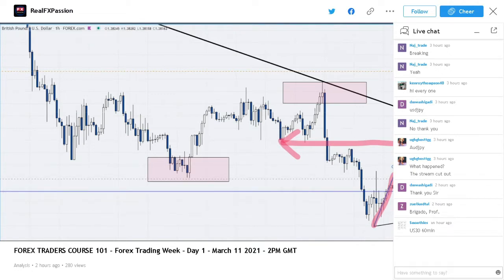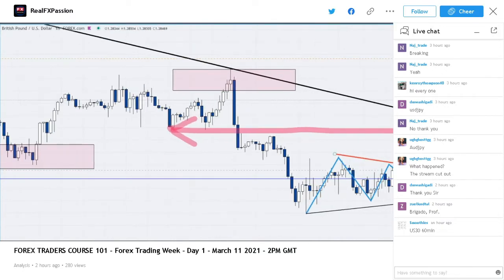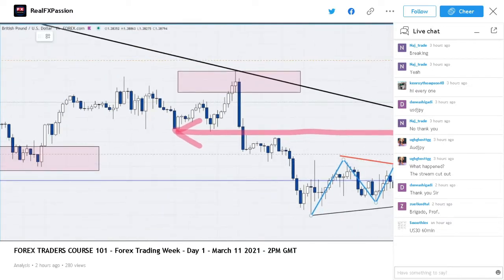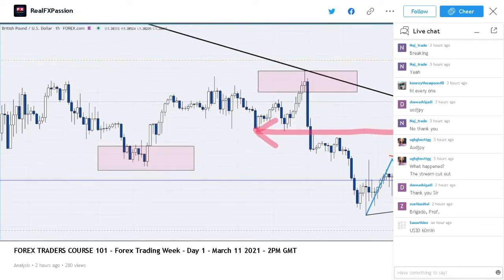So this was a kind of counter trend line break in here. If you would go long in here, I don't care if you are professional or beginner, this is pure speculation. Why is that? Because you don't have anything technically showing you that the market's going to go up. Make sense?